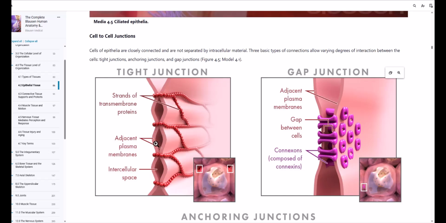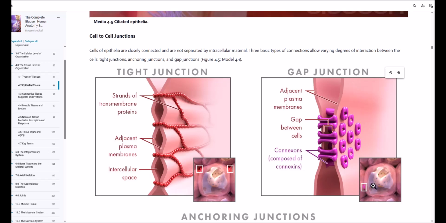These tight junctions are basically creating more barriers so that the molecules that pass through this sheet of epithelial cells are not sliding through randomly between the cells, but instead are having to come into the cell in a regulated way.